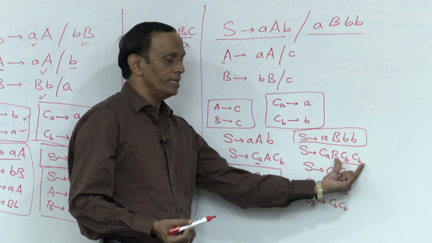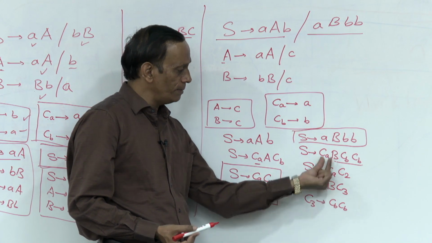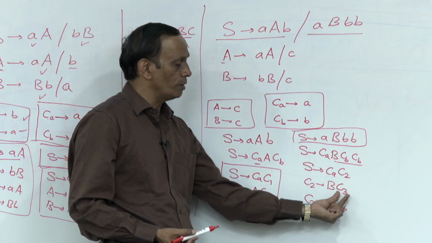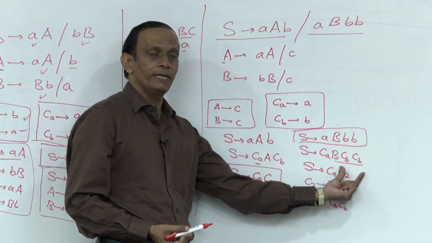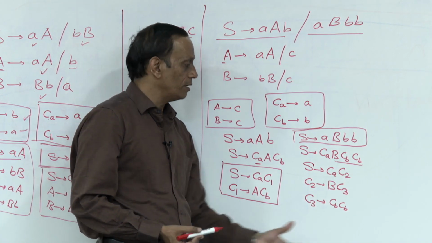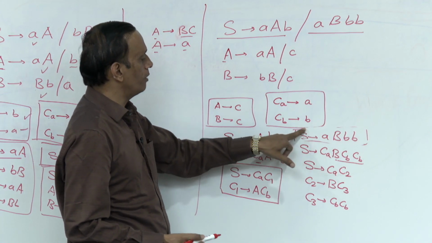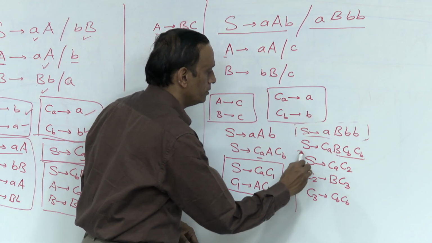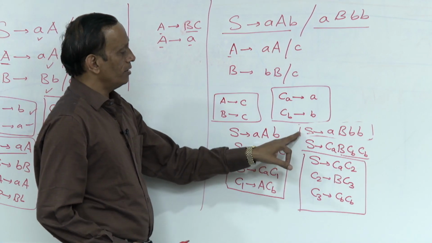Now as C2 contains these three, I picked the leftmost symbol B and kept it as it is, introduced one more non-terminal C3, and whatever was remaining I added over here. So this particular production was converted into the required form, and I ultimately got these three new productions as an equivalent for this production.